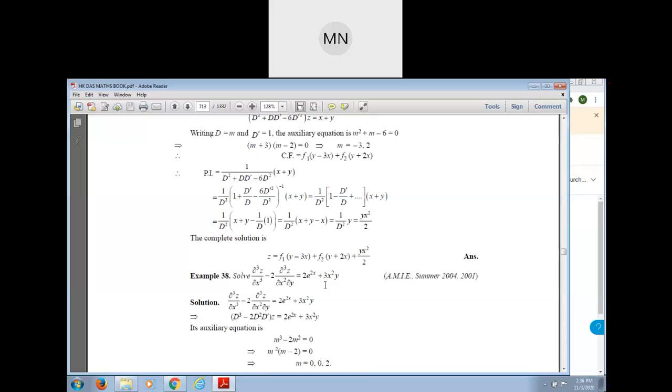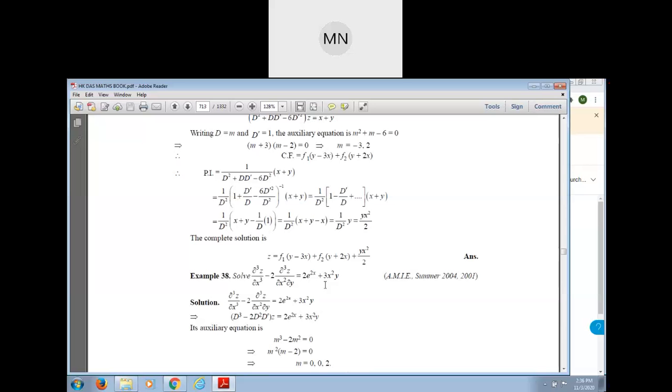And for the particular integral part, PI is 1 by d cube minus twice d square d dash into f of xy, which is twice e to the power twice x plus thrice x square y. Like the previous example, first separate both of them.